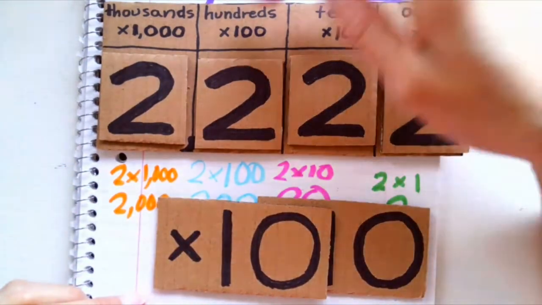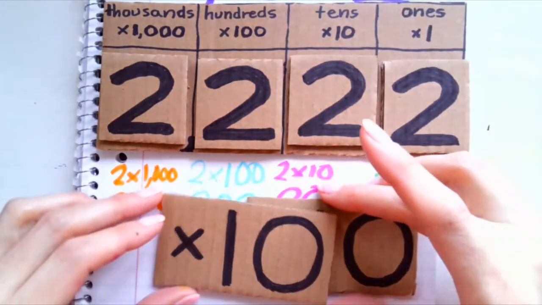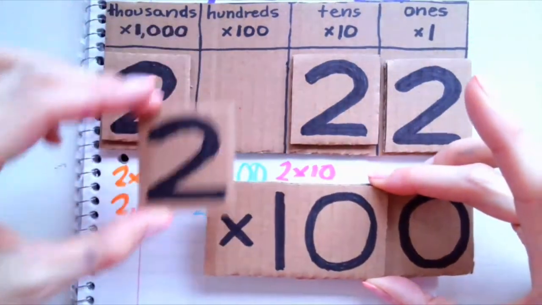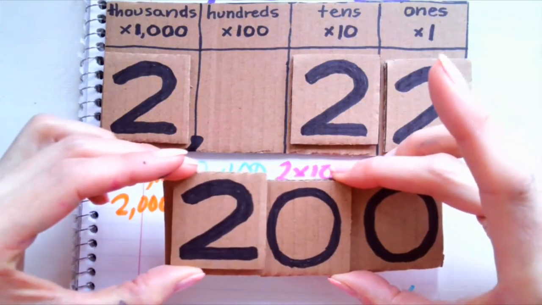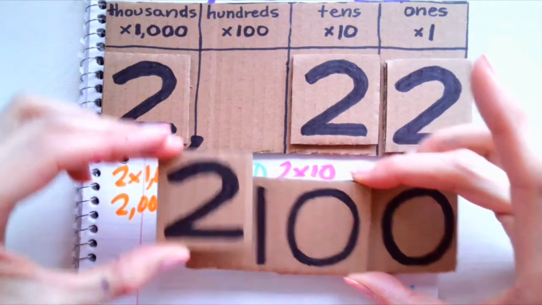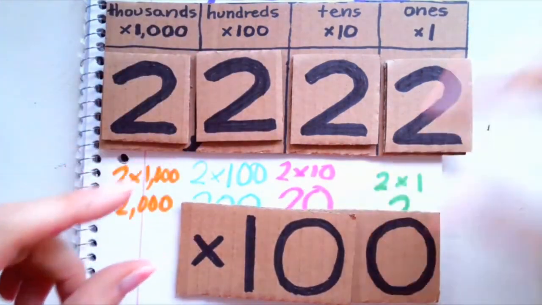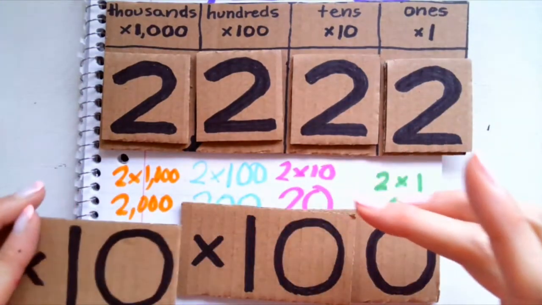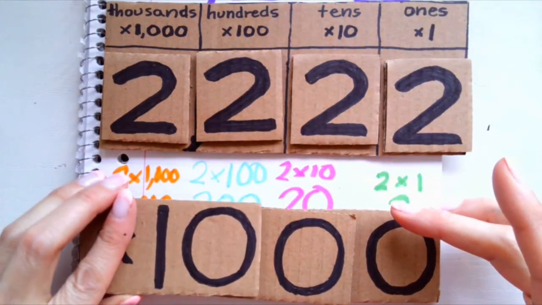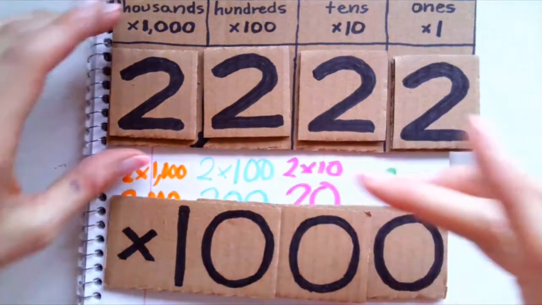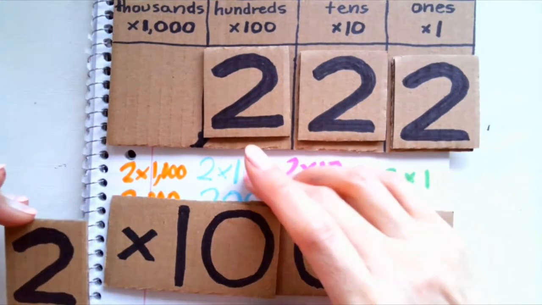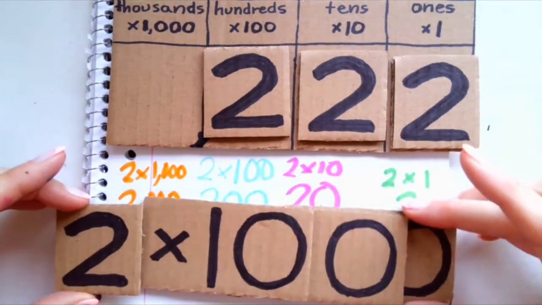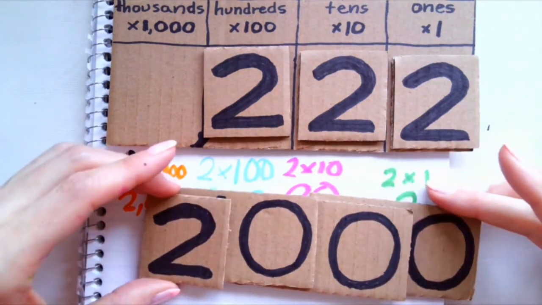That's 2 jumps to the left. 2 times 100 is 200. And if we multiply by 10 again, we get 1,000. 2 times 1,000 is 2,000.